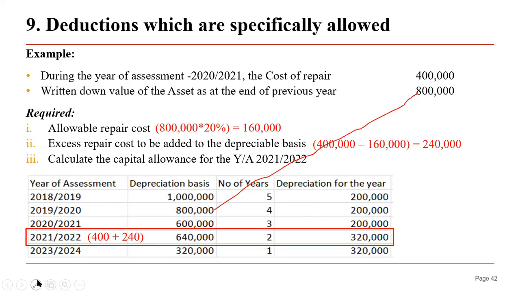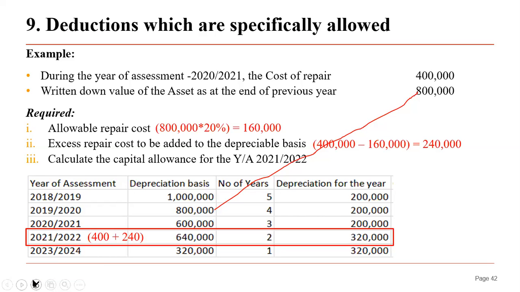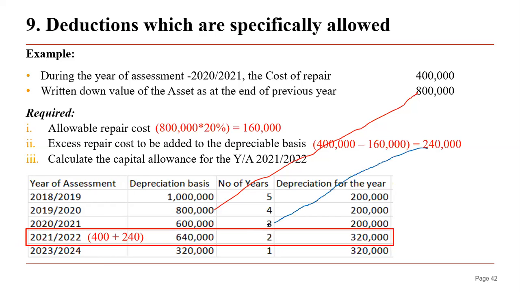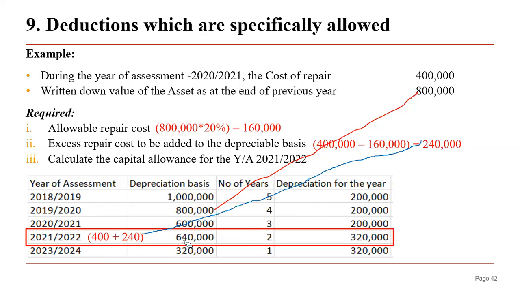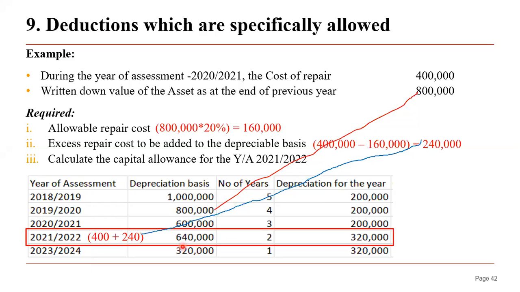Once we add the excess repair cost, altogether the depreciation basis is 640.